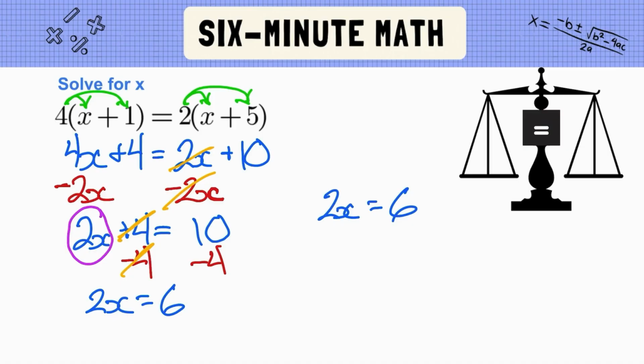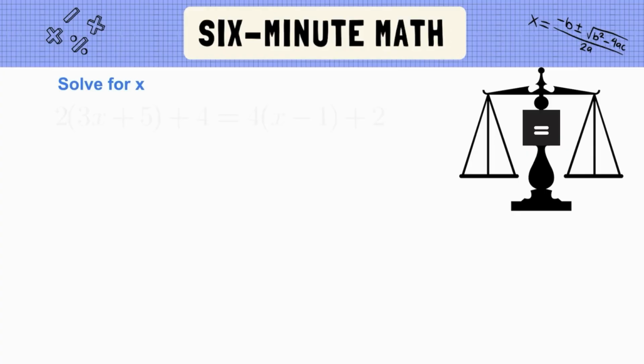On to my last step here, where I want my x by itself. So I'm going to divide by that coefficient of 2, and I'm going to maintain my equality by doing it on both sides. My 2's cancel off because they're opposites, and I'm left with x equals 6 divided by 2, which is 3.